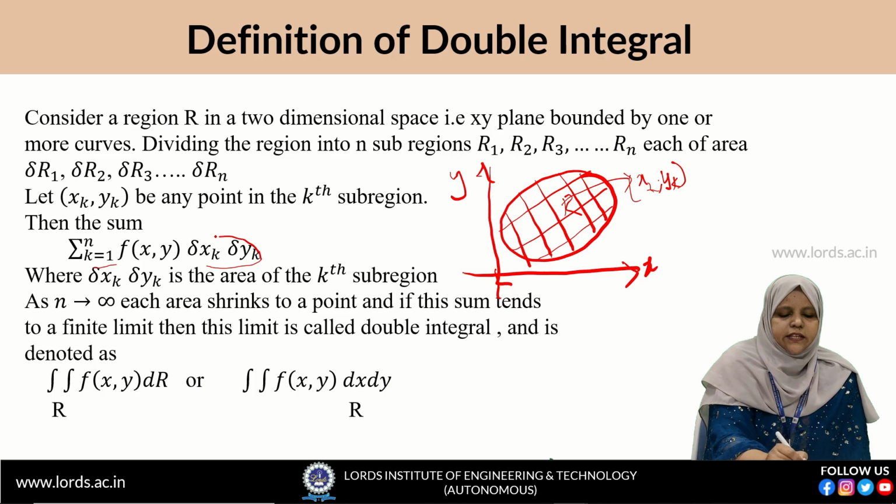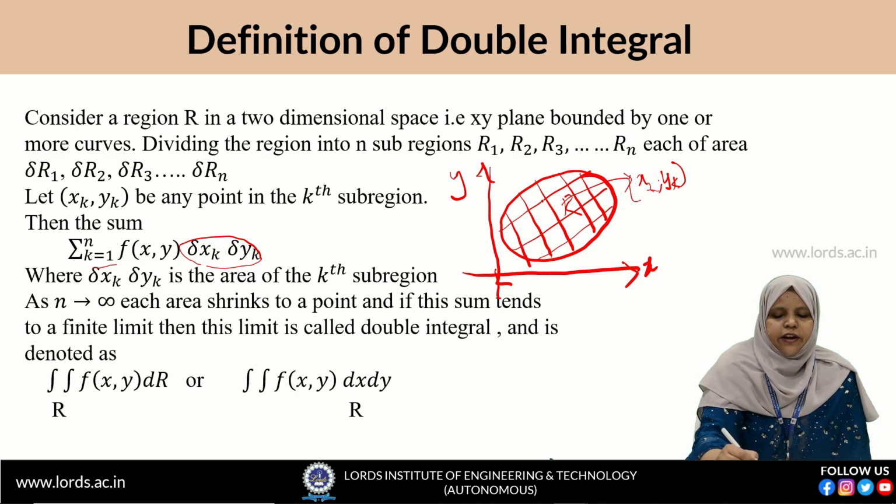What is this dkx dky? It is nothing but the area of the kth sub-region. Now, as n tends to infinity, what does it mean? When n is tending to infinity, we have divided this region into n sub-regions.